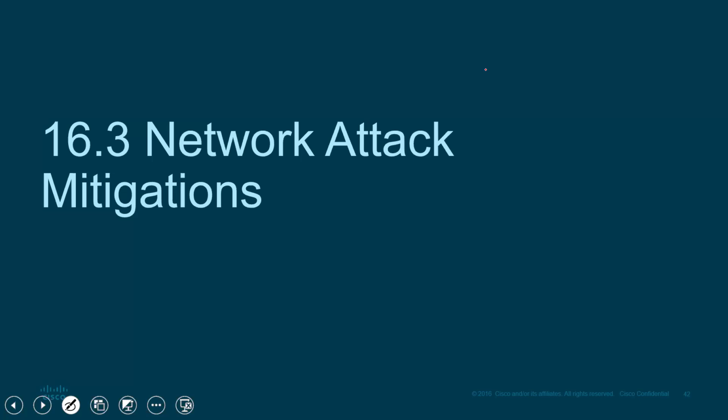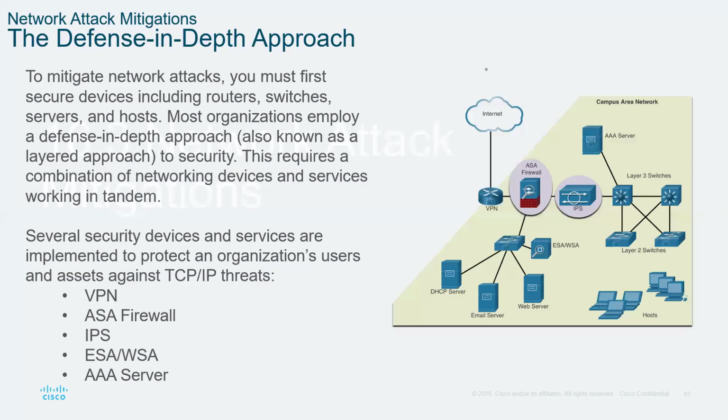So, network attack mitigations. One way you can mitigate against network attacks is to apply the defense in-depth approach. And what does this mean? You must first secure your devices using routers, switches, and servers.